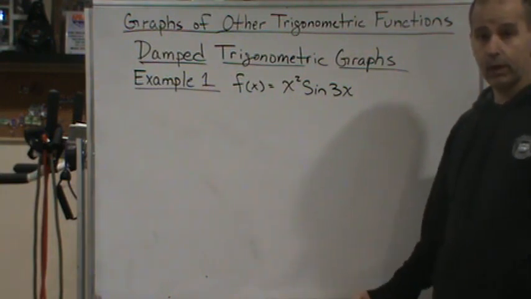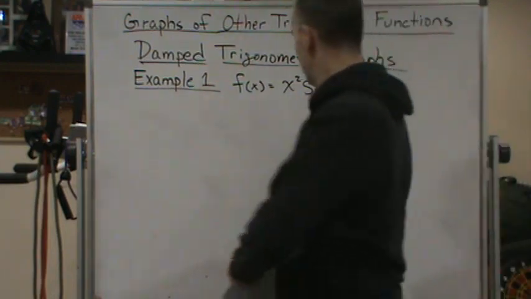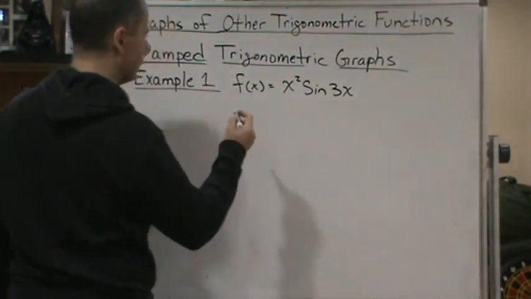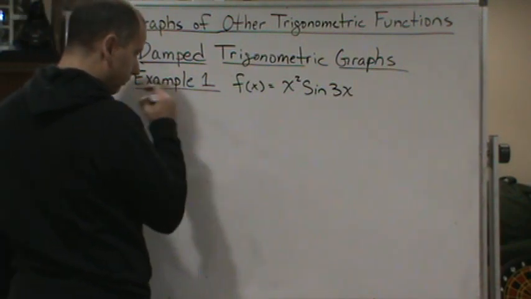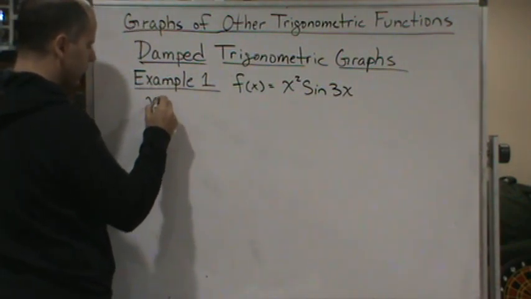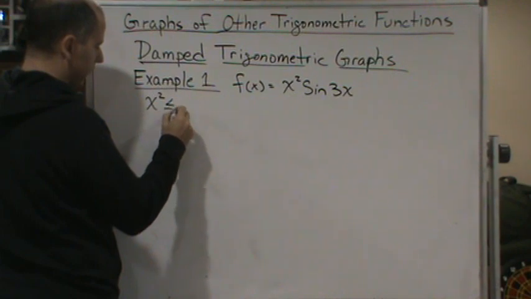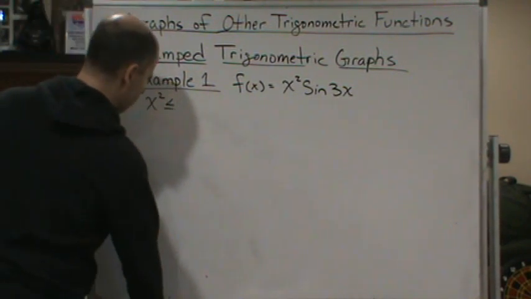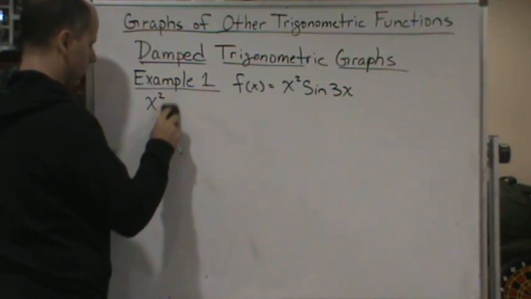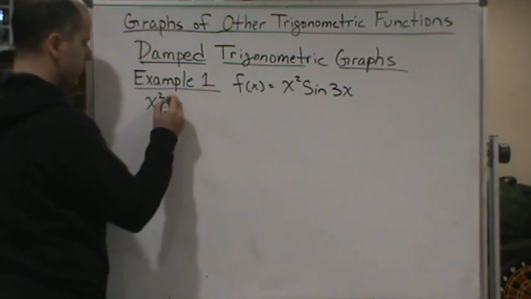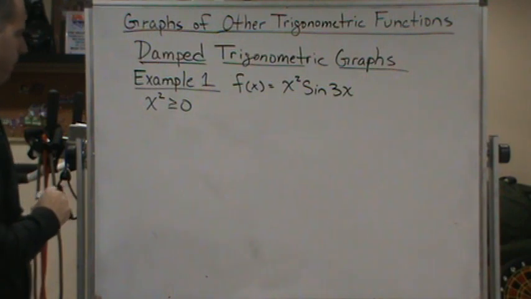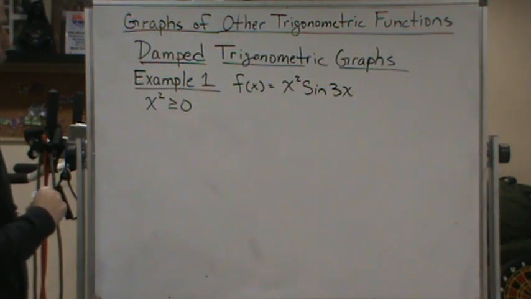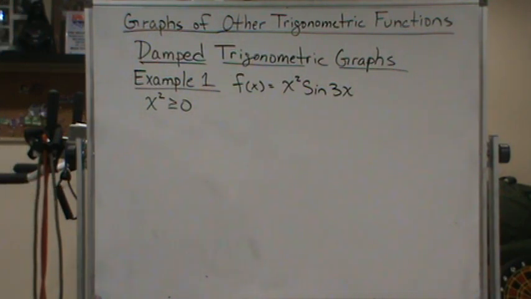functions separately, okay? So let's look at x squared. We know x squared is always going to be greater than or equal to 0. Right? And what do we know about sine of 3x?